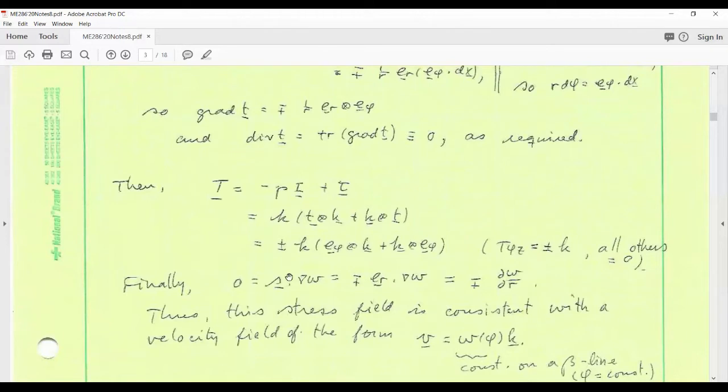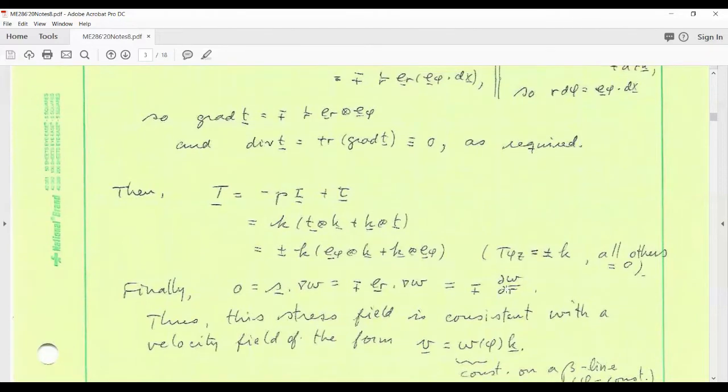We also had the velocity field consistent with this solution has 0 derivative along s. S, apart from sign, is ER. So this ER dot gradient w would just be the derivative of w with respect to r. So dw/dr is 0.